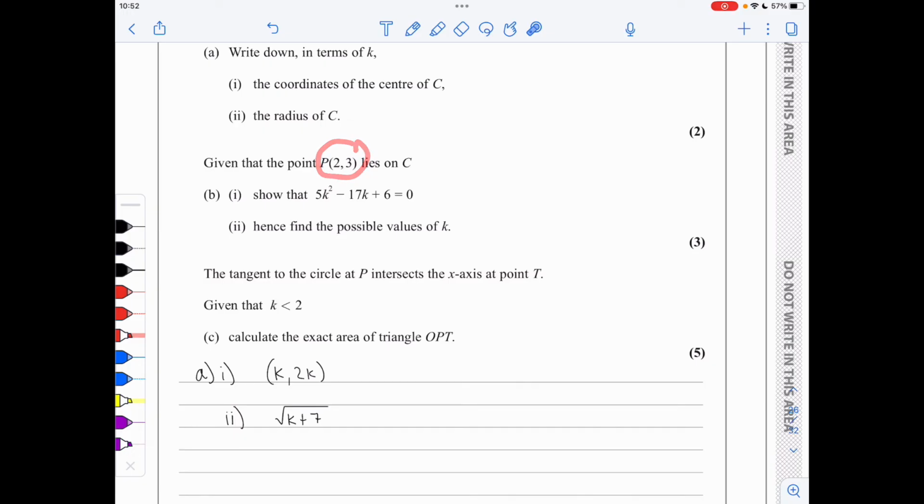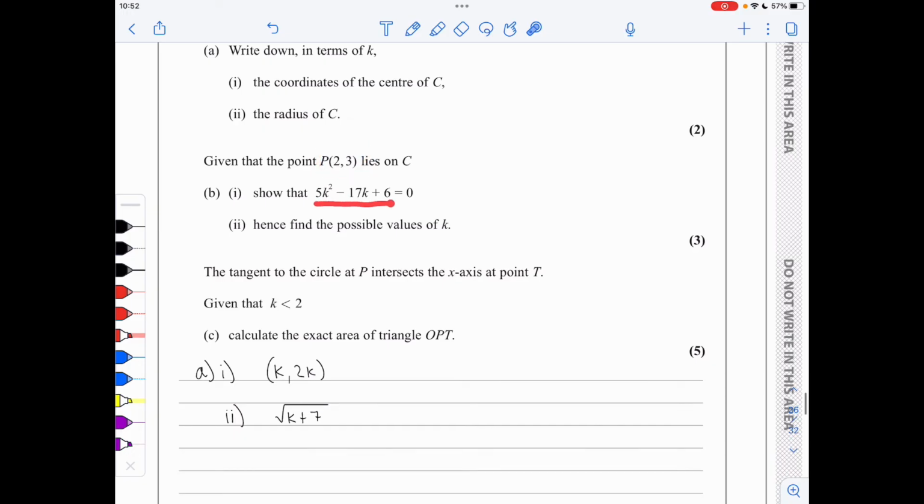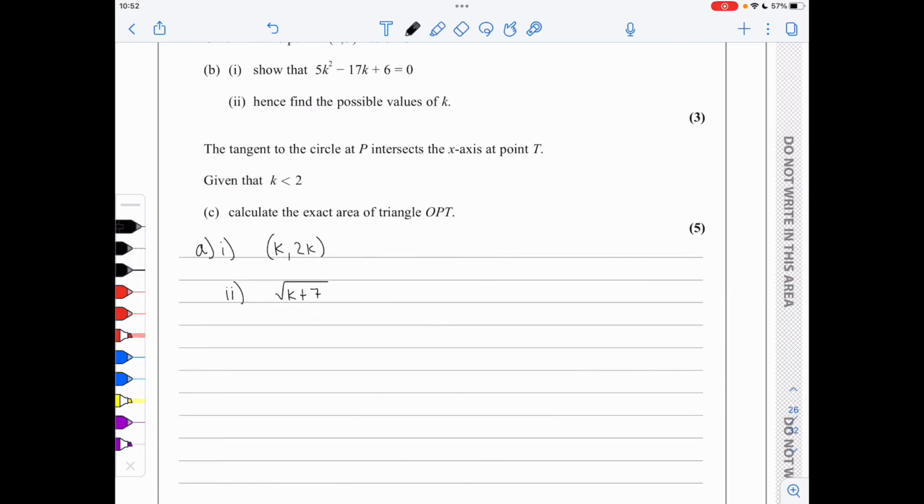And then we have that the point (2, 3) lies on the circle, so it satisfies the equation of the circle, and we need to show that 5k squared minus 17k plus 6 is 0. So I will start by substituting x is 2 and y is 3 into the given equation to give me (2 minus k) squared plus (3 minus 2k) squared is equal to k plus 7.